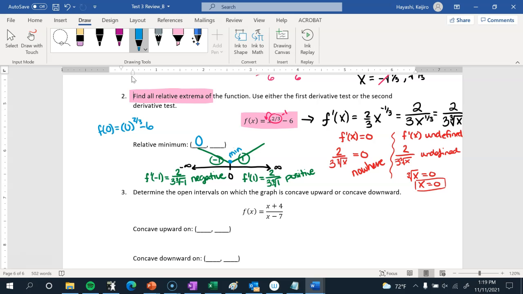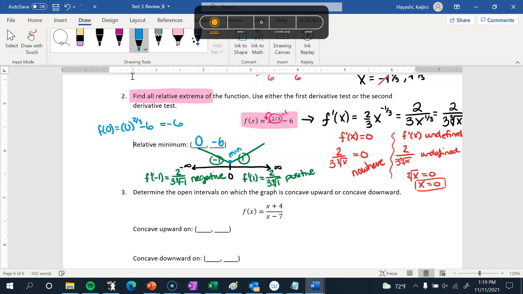Because 0 to any power is 0, supposedly, but also anything to the 0th power is 1, supposedly. So which one is 0 to the 0? There are YouTube videos about it. Anyways, 0 to the 2/3 is nothing, so this just ends up being -6. So your y value is -6 when you plug 0 into the original function.